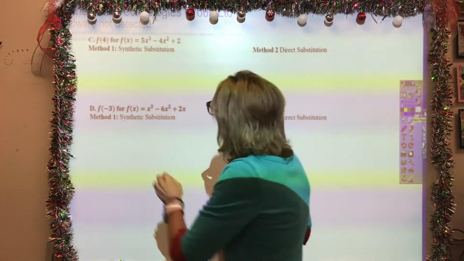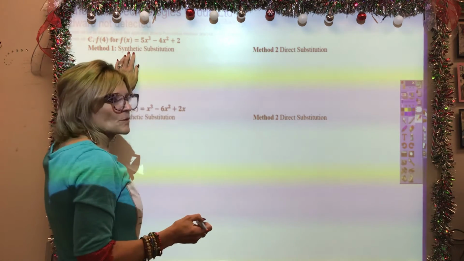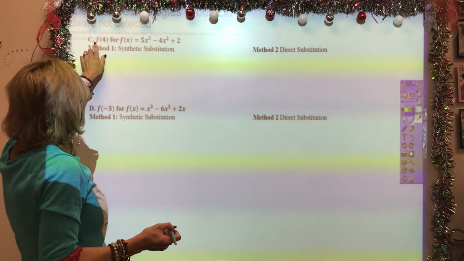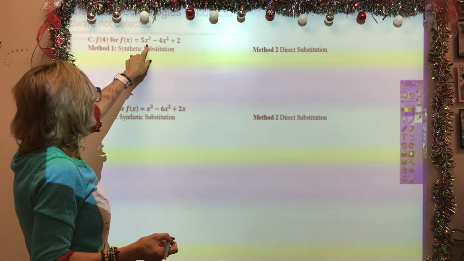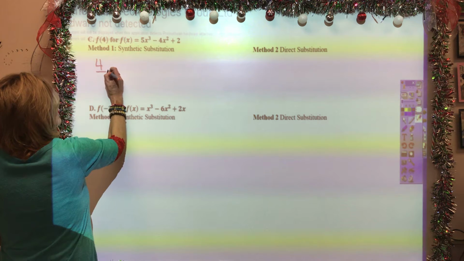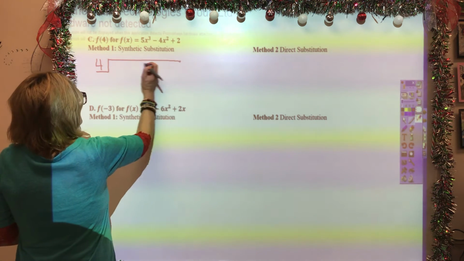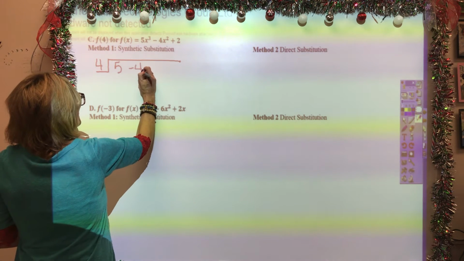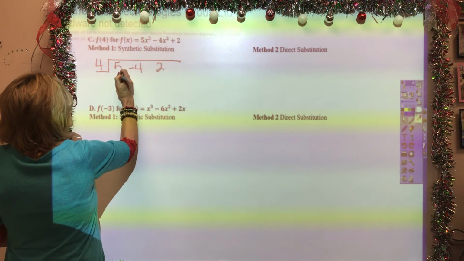So we're going to use synthetic substitution, or consider that synthetic division. We're finding f of 4 in this function. So we have 4. Bring our coefficients down. 5, negative 4, 2.